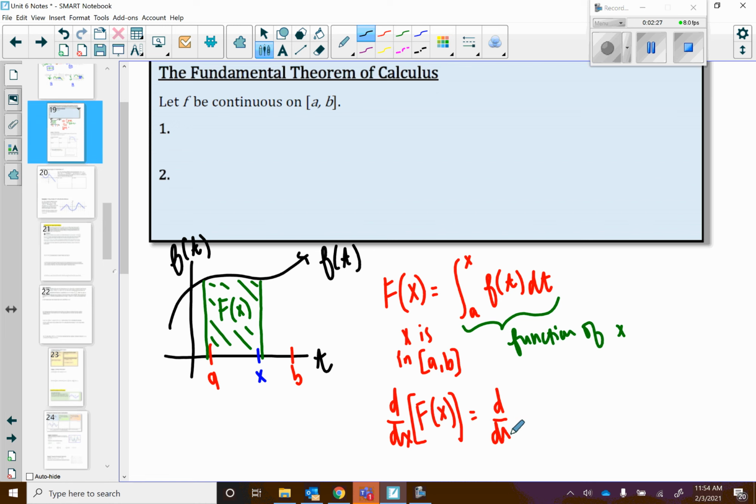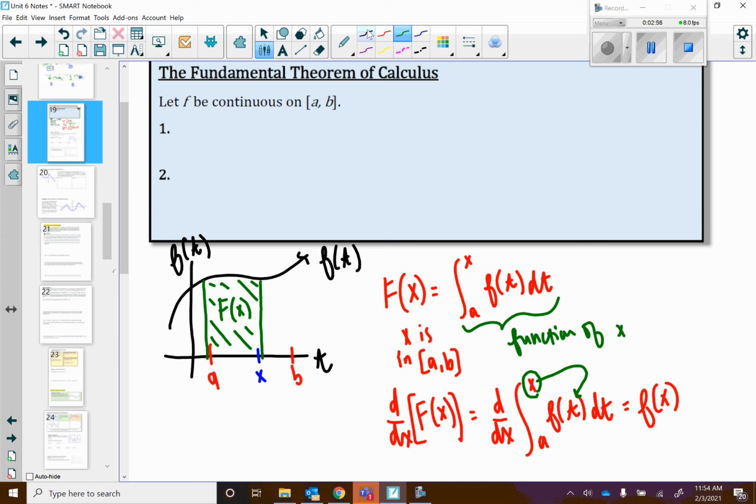So the derivative of the integral from a to x of f of t dt, I am just left with lowercase f of x, where basically we're putting this value in for t here. And this might not seem like a big deal, but this is, and it gives us our antiderivatives.